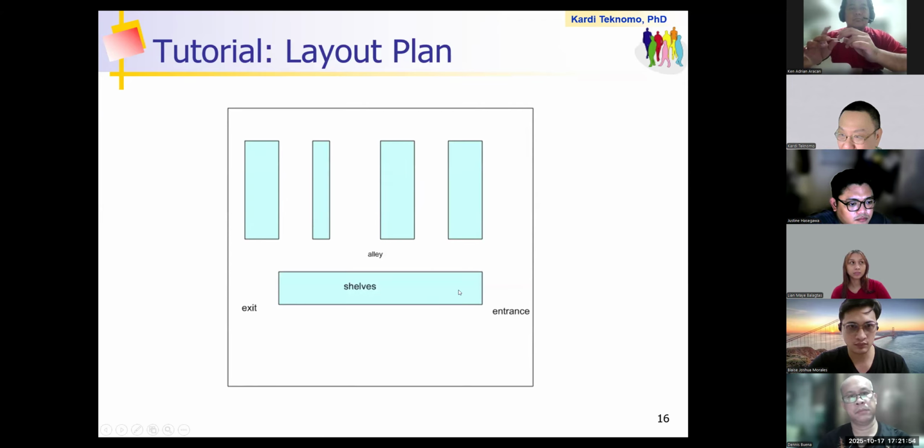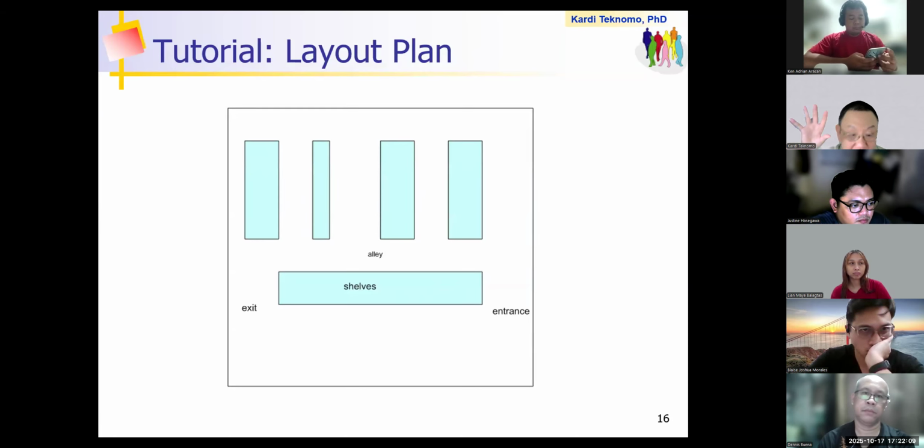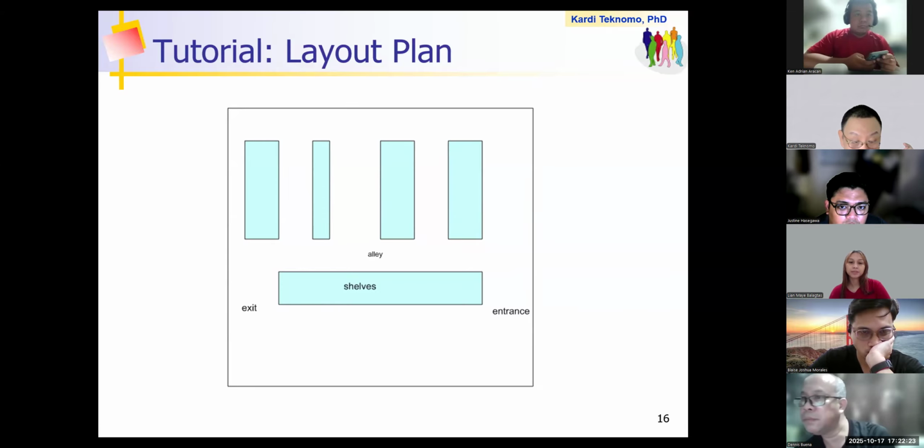And there is a big shelf here, and there are 1, 2, 3, 4, 5 shelves in blue. So this is the layout plan in 2-dimension top view. Can you imagine this? So we would like to model this alley using graph theory. So what can we do?